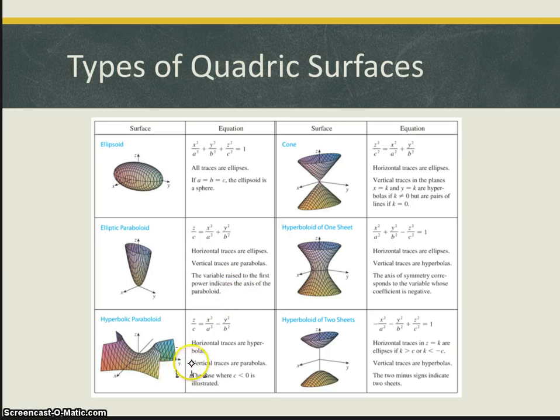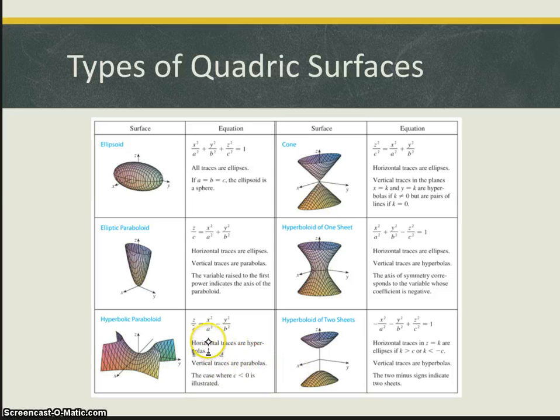Next we have the hyperbolic paraboloid. Now the hyperbolic paraboloid looks essentially like a saddle. The form of the equation is z equals something involving x squared minus y squared, and of course we can have constants here in our denominator.